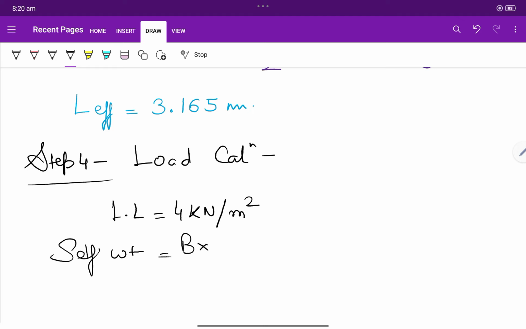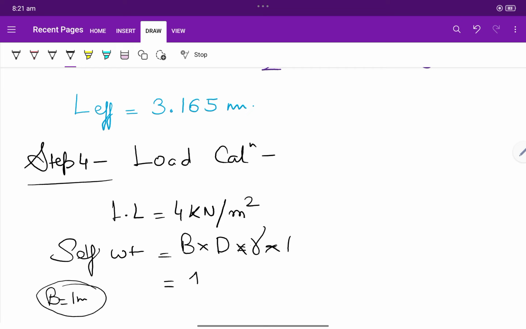For this, the formula is B into D into gamma, the unit weight, into 1. For slab design we assume B as 1 meter.